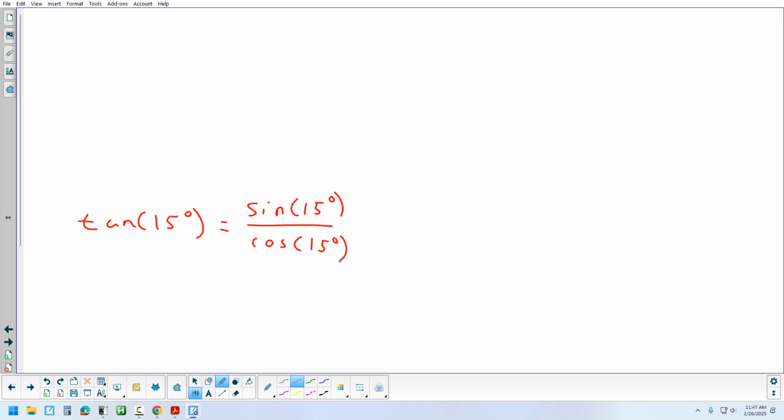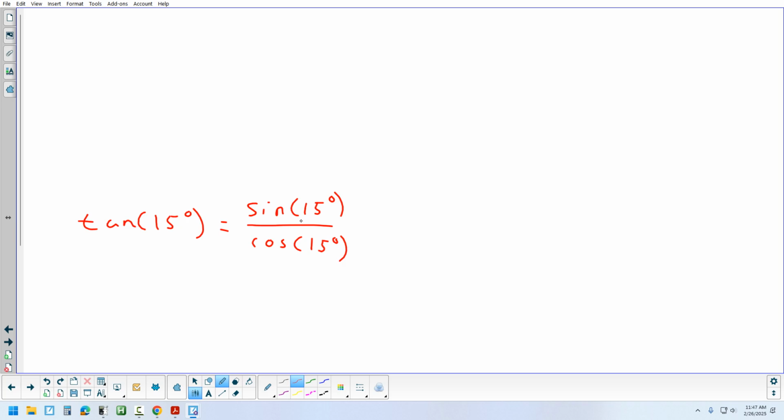Do we know how to write 15 as a sum or a difference? Yeah. Do we have sum and difference formulas for sine and cosine? Yeah. So if you had to do a tangent problem, this isn't the fastest way to do it, but you could change tangent to sine over cosine, and essentially now you have 2 problems to do. You do the sine of 15, get that answer, get the cosine of 15, and then take the 2 answers and divide them.